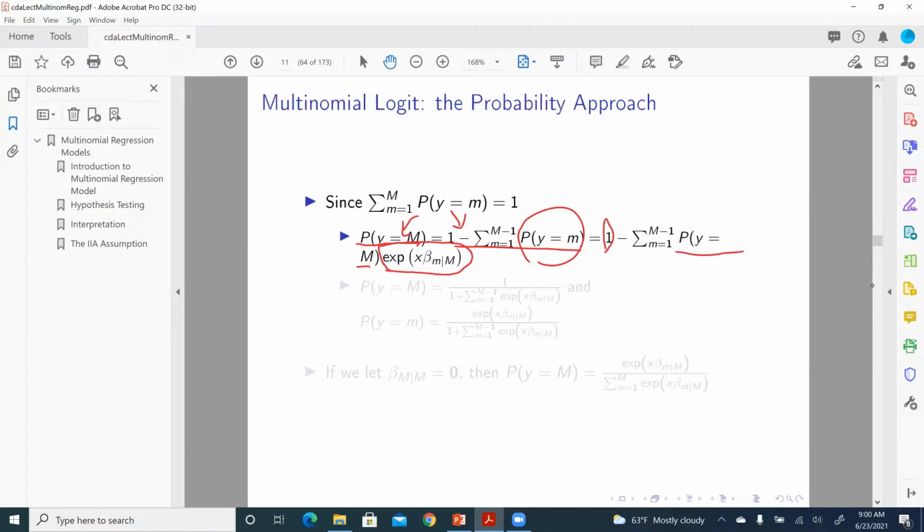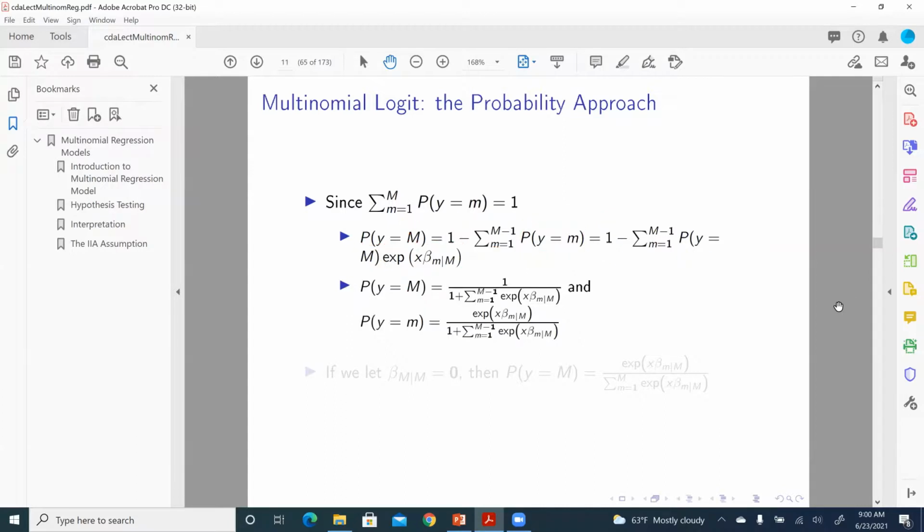From the previous equation, we can arrive at our next result. We can figure out the probability y equal to capital M, because this is equal to that.